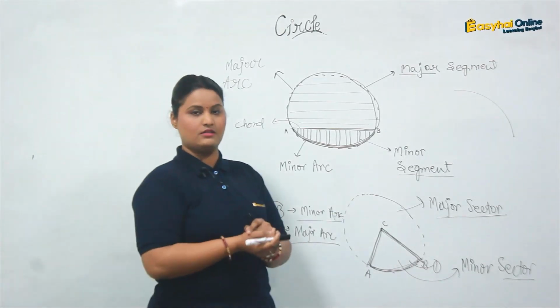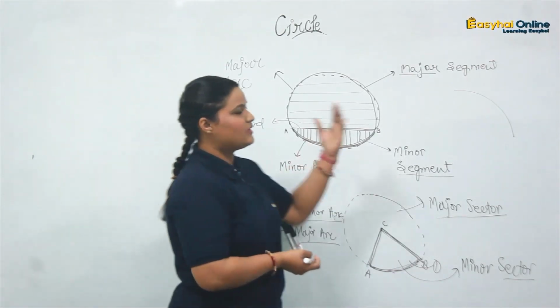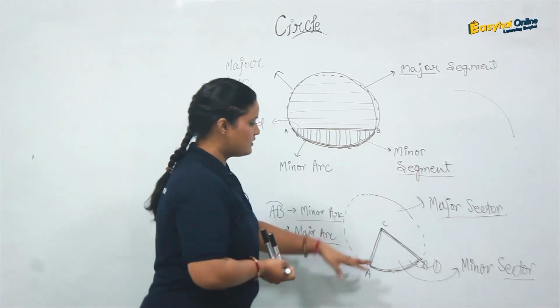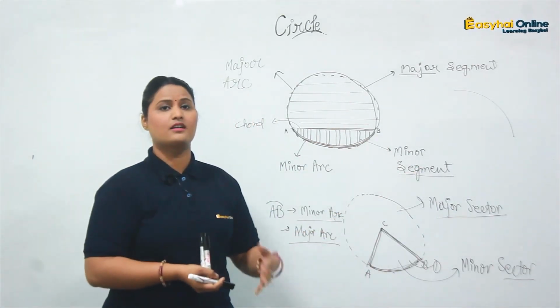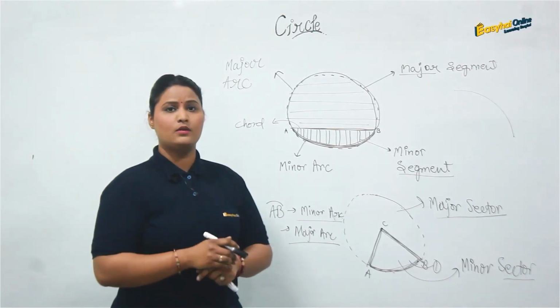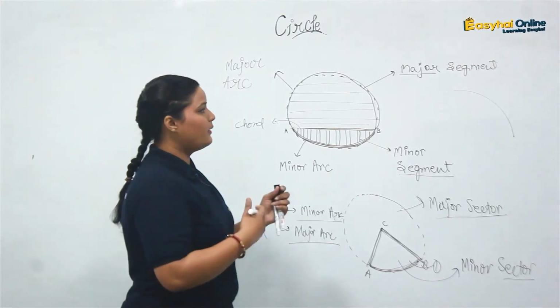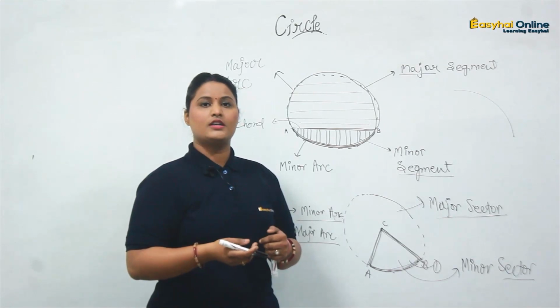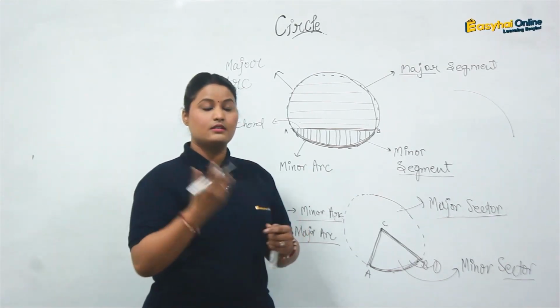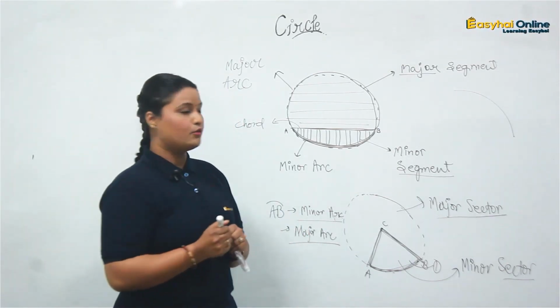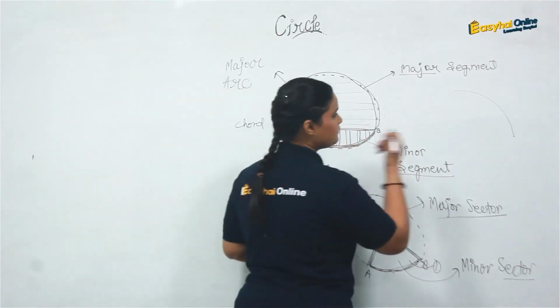Whenever we solve a question, we need to know what a major segment and minor segment are, what an arc, major arc and minor arc are, what a perpendicular, a ray and a chord are. One more term that I have to tell you is secant.